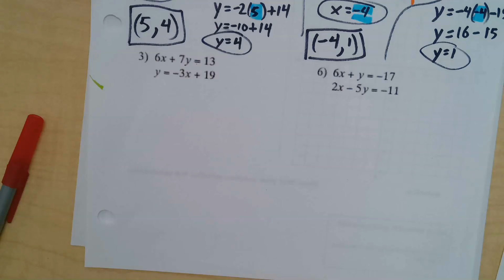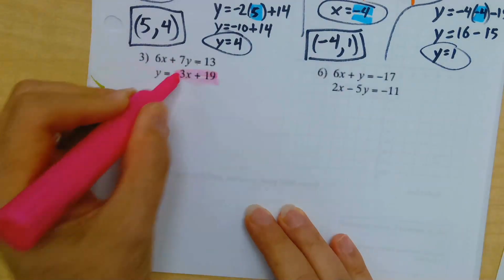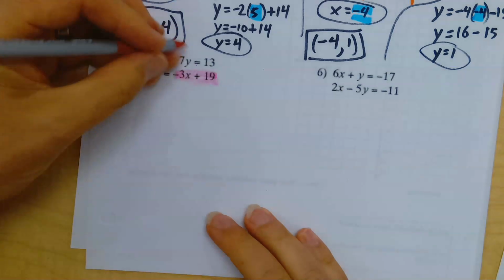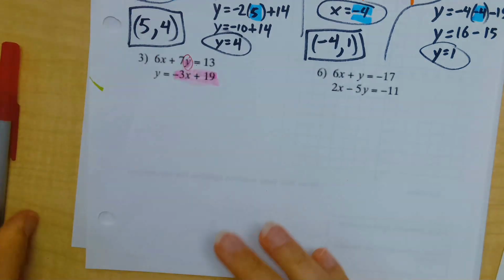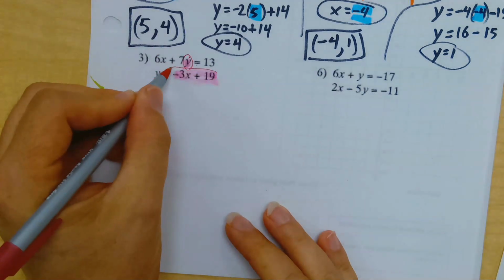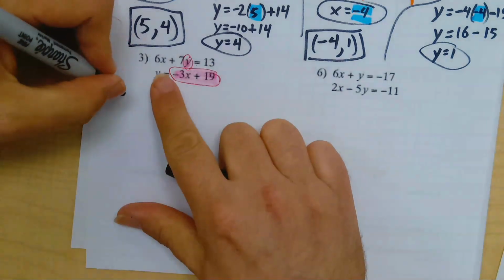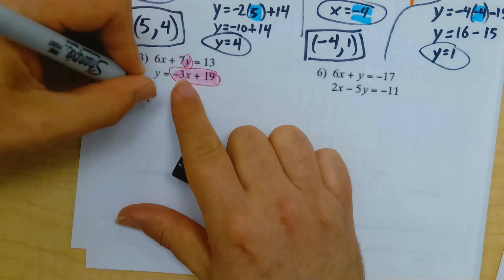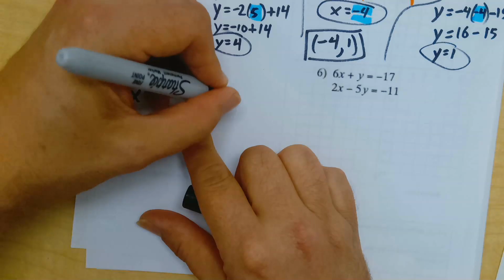Okay, so just like before, we know y is equal to this stuff, so I'm going to replace y of that first equation with the pink stuff. So I'm going to rewrite the first equation, 6x plus 7 times the pink stuff equals 13.